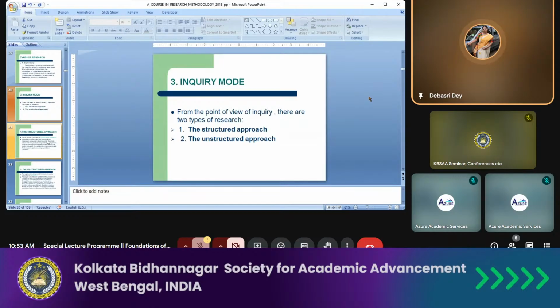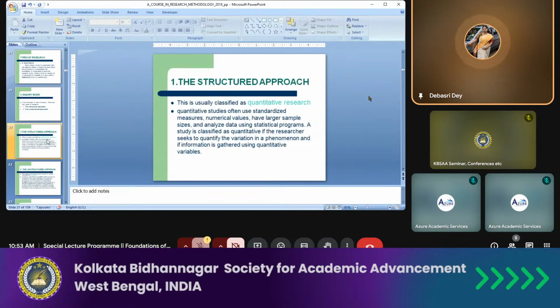That means you adopt something and it becomes a practice nowadays. After you adapt a process or a series of processes and you get success, then in the case of a structured approach, it is quantitative research.